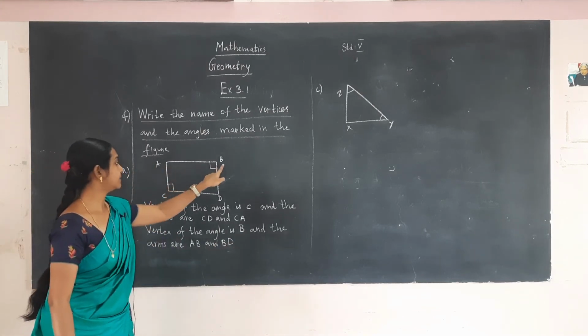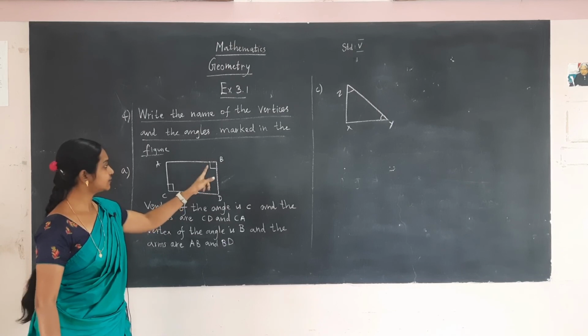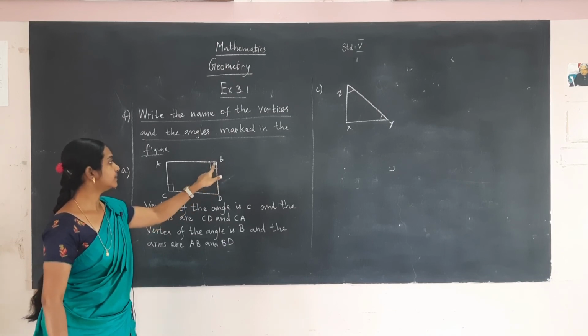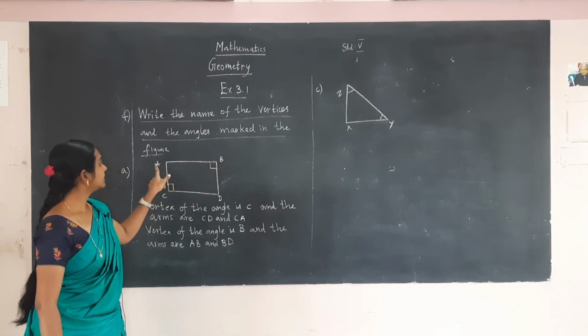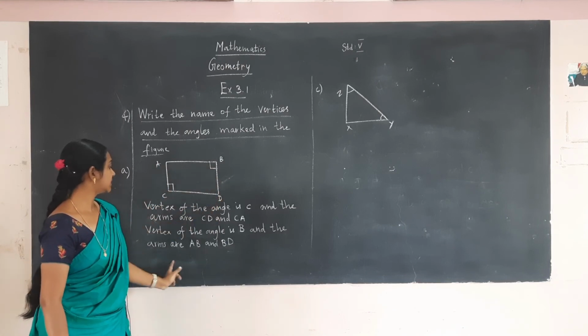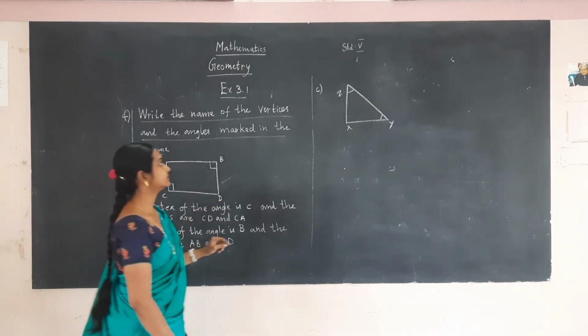AB and BD are joined together to form an angle. So B is the vertex and AB and BD are the arms of the angle.